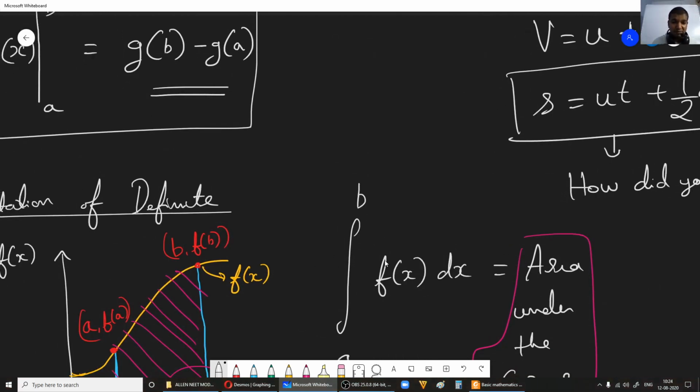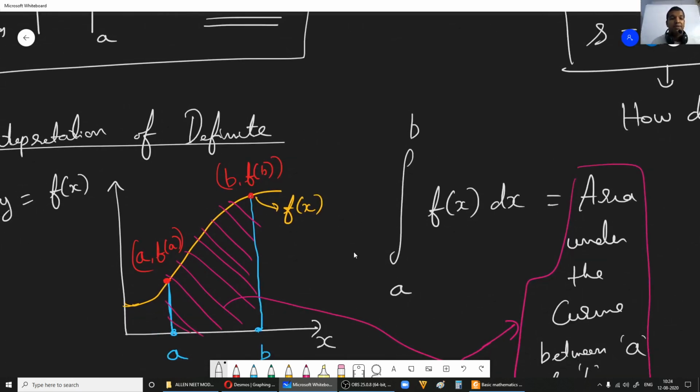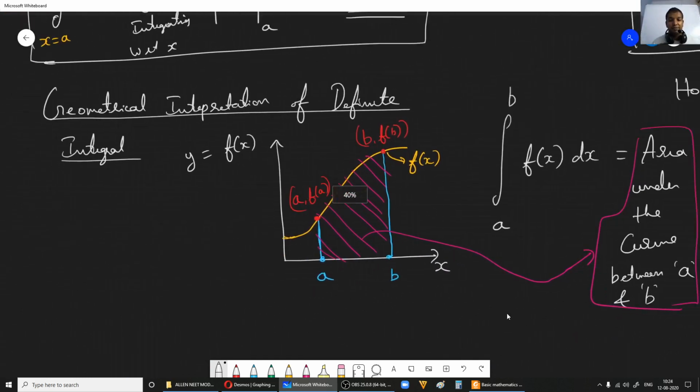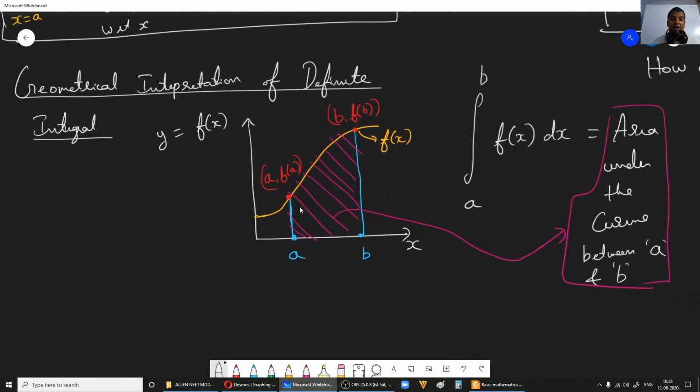When we go to the next classes, when we cover this topic completely and when we do numerical problems, you'll understand that. So this is the geometrical interpretation of your definite integral. Now how is this area useful? It will be useful in many physical scenarios, and it will help us in identifying and solving for a few quantities.